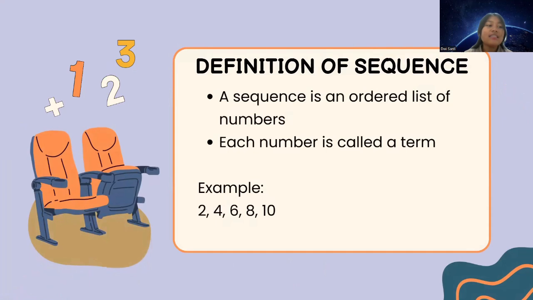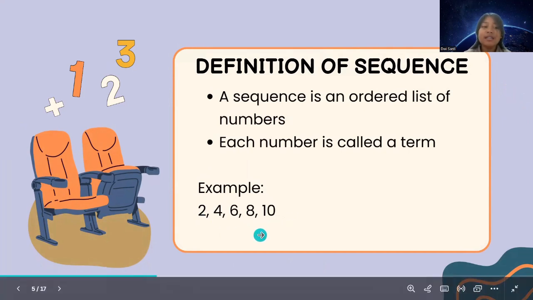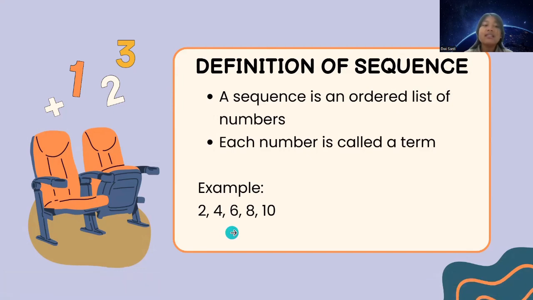First, let's learn about sequence. A sequence is an ordered list of numbers that follow a certain pattern or rule. For example, 2, 4, 6, 8, 10. Each number in a sequence is called a term.